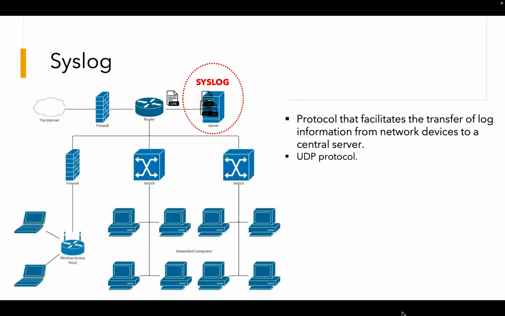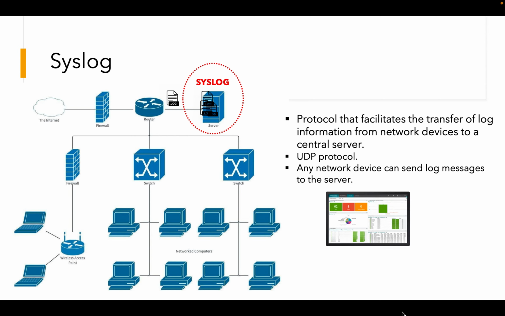Any network device can send their logging messages to the server. So later a user can connect to a server, typically with a GUI, and browse the log messages. To configure the router or a switch to send log messages to a server, add the logging host using address or hostname global command, referencing the IP address or hostname of the syslog server.